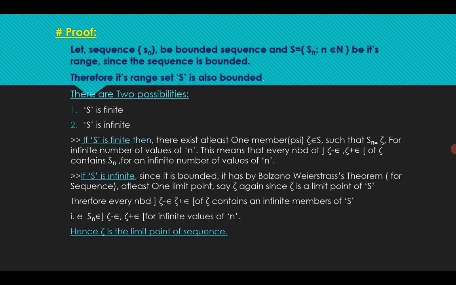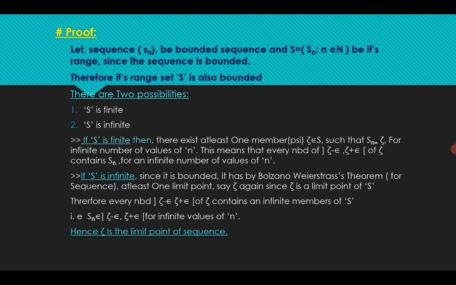A real number xi is said to be a limit point of set S if every neighborhood of xi contains at least one member of S other than xi. Then we say xi is a limit point of set S. A limit point is also called a cluster point, condensation point, or accumulation point.